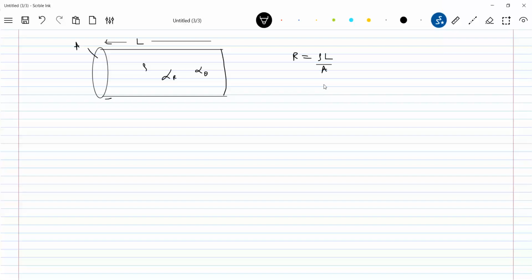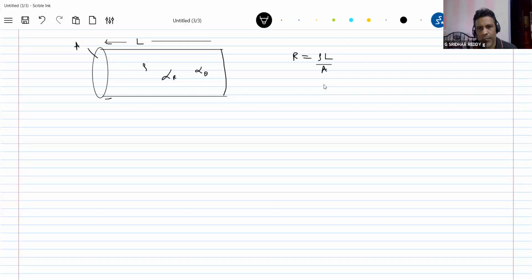So I'll differentiate now. This will be dR. I'll give 2 minutes; if you want, you can try it. You know enough mathematics, no? Let's see how things are related finally.